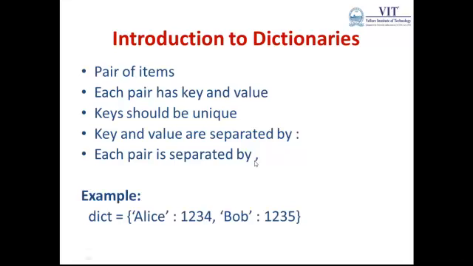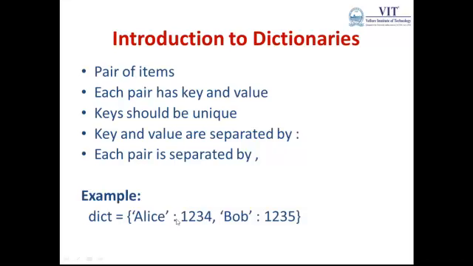Look at the example. I have a dictionary called dict, which has been assigned. This is the name of the dictionary, equal to, and the dictionary symbols are a pair of curly brackets. Look at the opening curly bracket and the closing curly bracket, and this is called one item. Each item is represented through a key and a value.